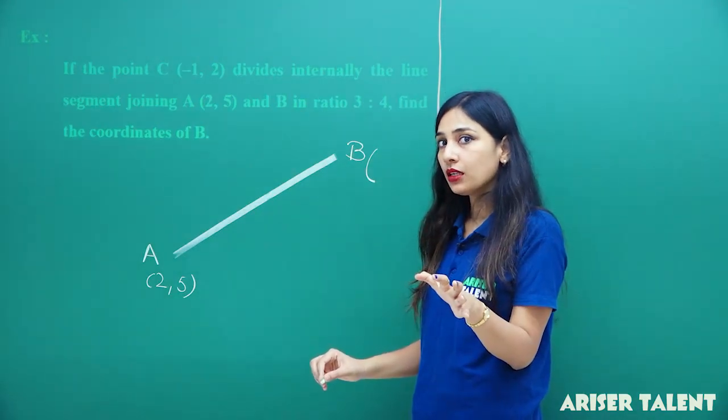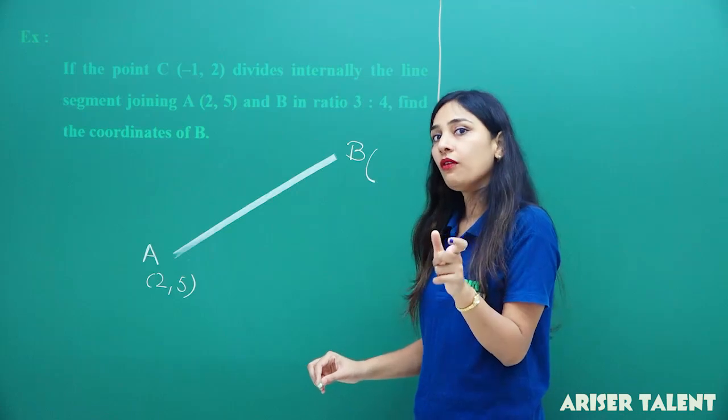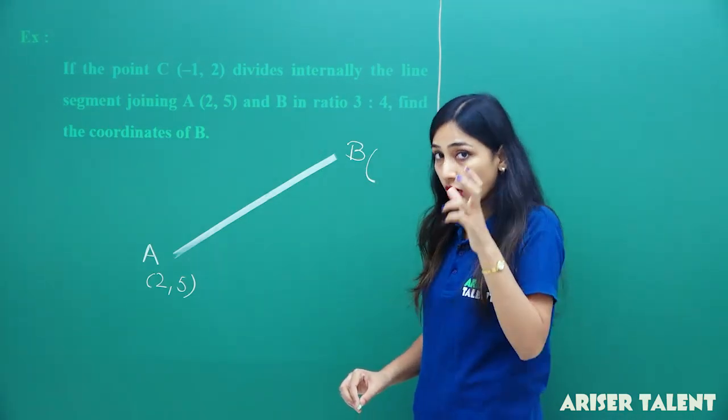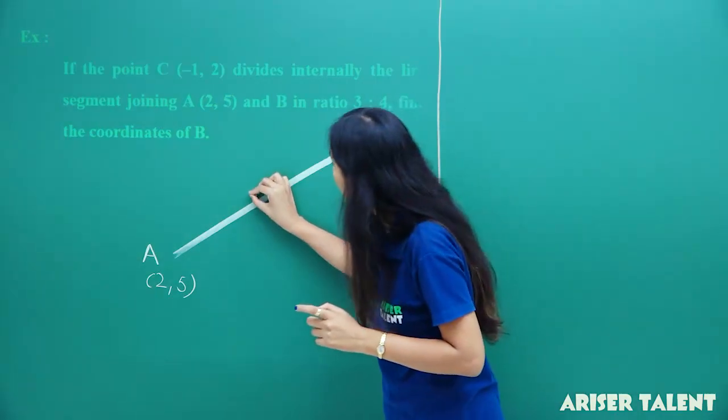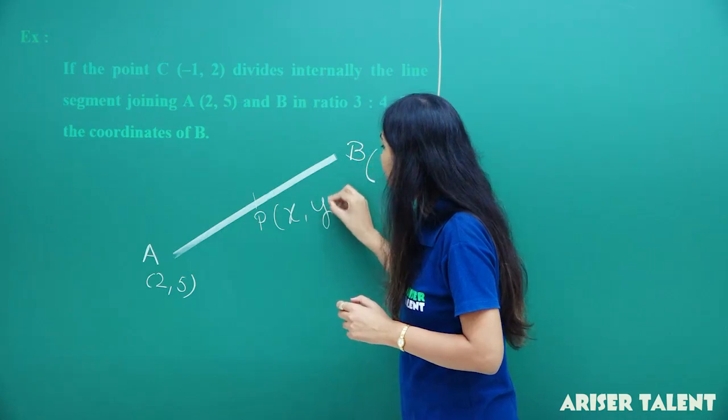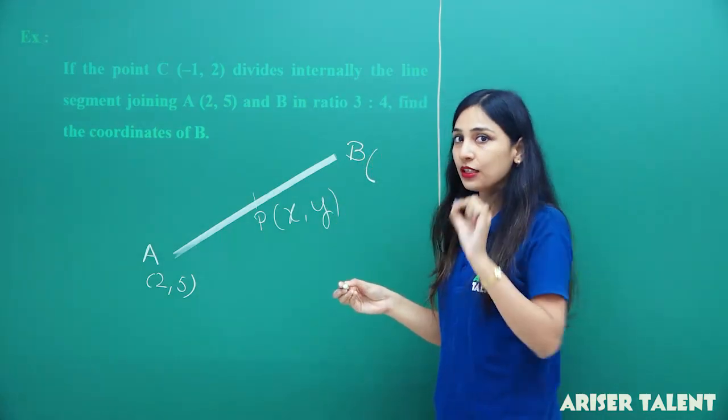I can write the unknowns as X and Y also, but in this chapter we've always studied the point P as having XY coordinates, so it would be a little confusing for us.